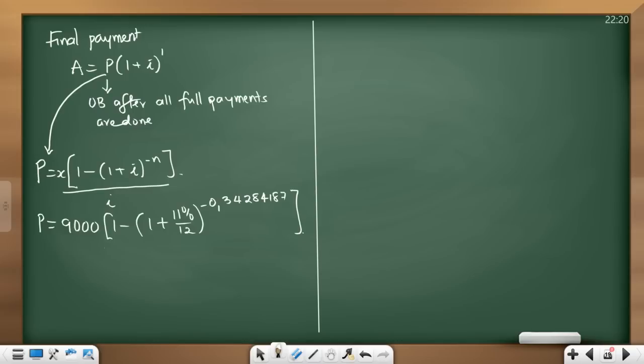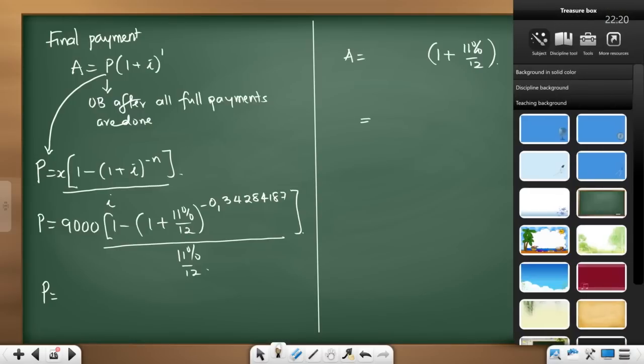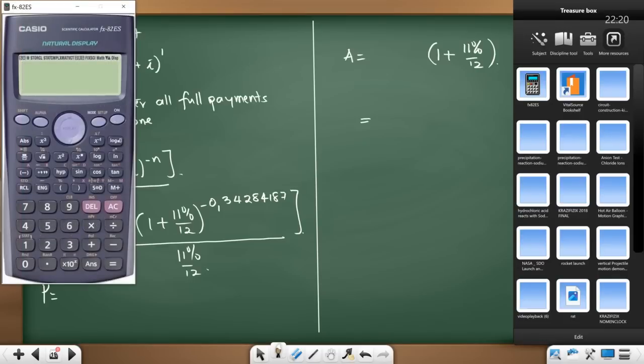Close the bracket over 11% over 12. Throw that in a calculator. Once I throw that in, I'm going to multiply that amount by 1 plus 11% over 12. And that would be my final payment. Question done.